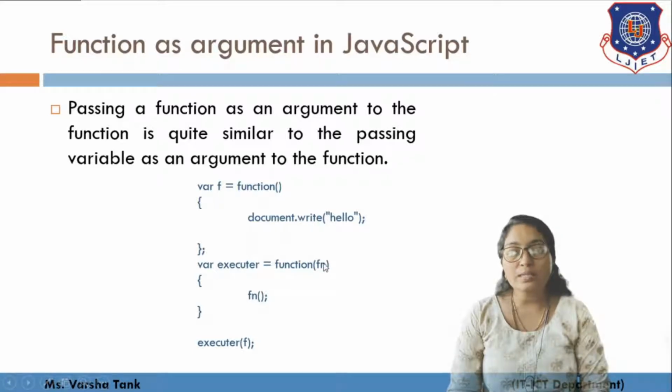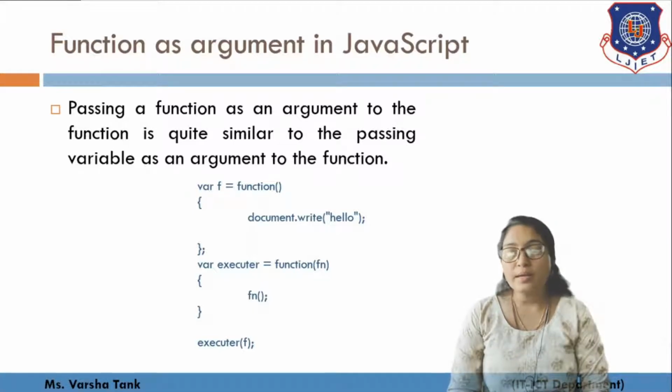That means we are passing some argument, and it will execute this function. Here you have to write fn with opening and closing brackets, so whatever you pass here will be executed as a function. If you do not write the brackets, it will not be executed as a function.